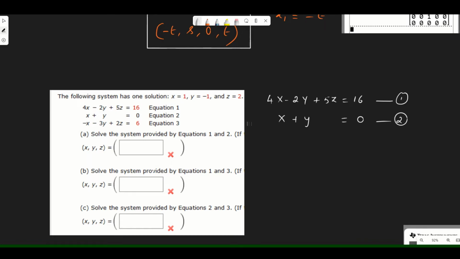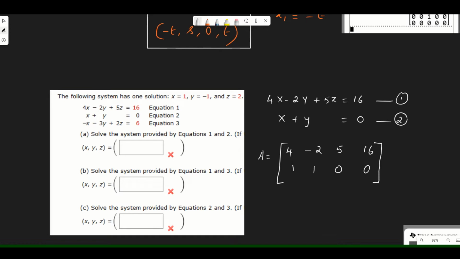So the easy way is to make use of the graphing calculator to find the reduced row echelon form, the Gaussian elimination. For which I am going to take the augmented matrix, that is the coefficients along with the constants. The matrix A will be 4, negative 2, 5, and the augmented constant will be 16. From the second equation, I have 1, 1, no z value, and the constant is 0.